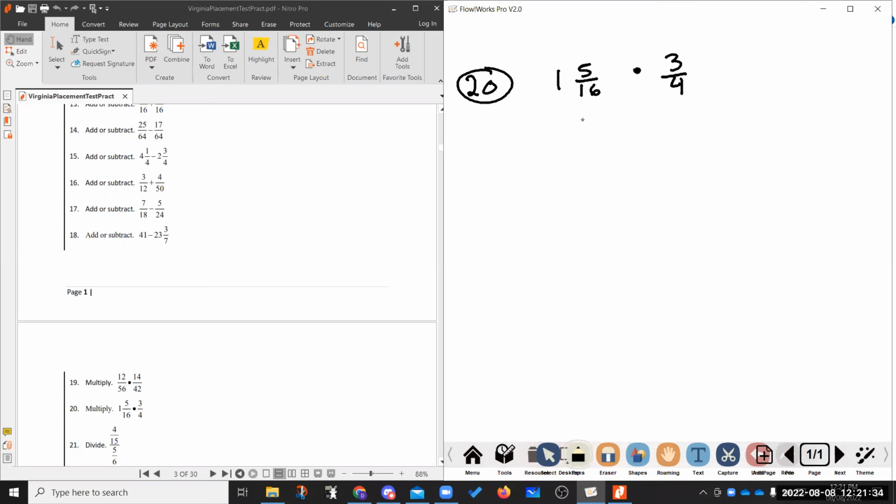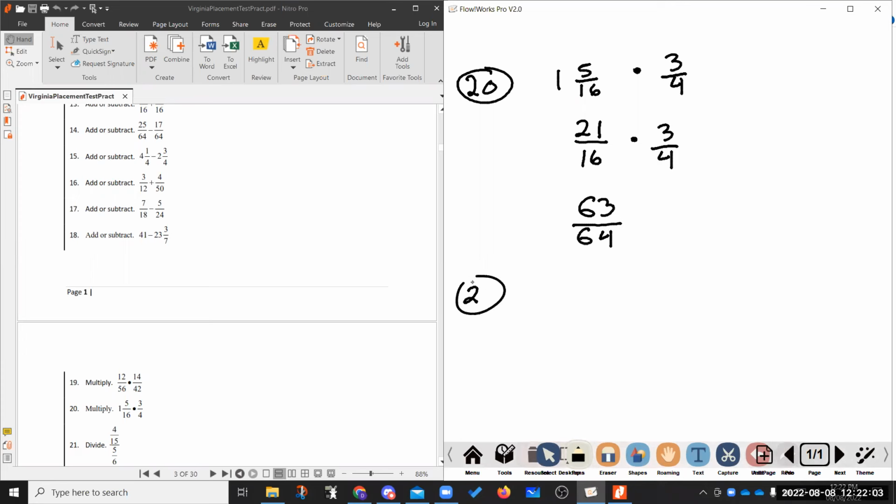That's going to give us 16 plus 5 is 21 over 16 times 3 over 4. I don't see any common factors now. 3 doesn't divide evenly into 16. 3 doesn't divide into 4. 4 doesn't divide into 21, so I'm just going to multiply straight across. This is 63 over 64, and I'm done.